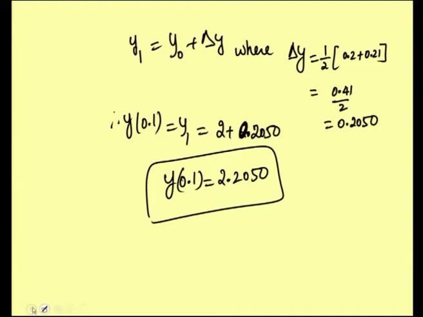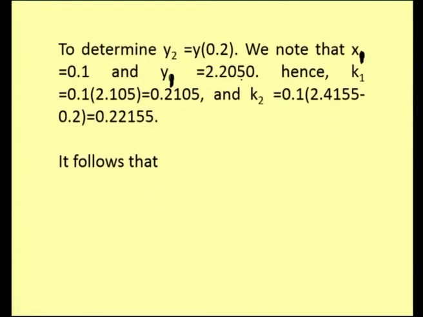Okay. Similarly, we can find out y2. y2 is equal to y of 0.2. Here we note that x1 is equal to 0.1 and y1 is equal to 2.2050. So, k1 is equal to 0.1 into 2.105, so 0.2105, and k2 is equal to 0.1 into 2.4155 minus 0.2, which is 0.22155.